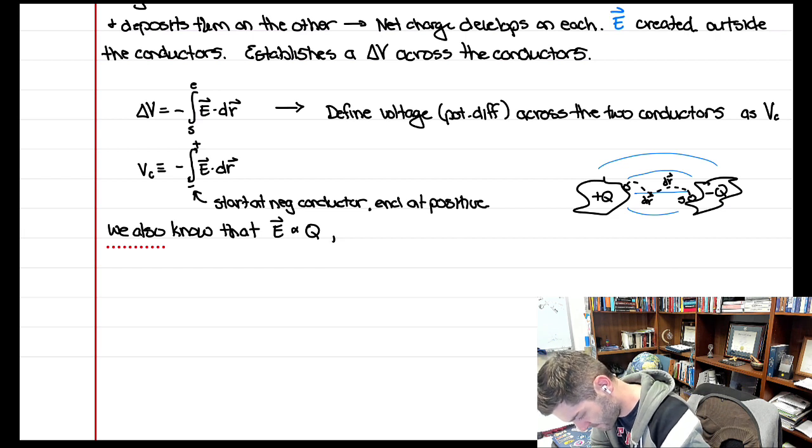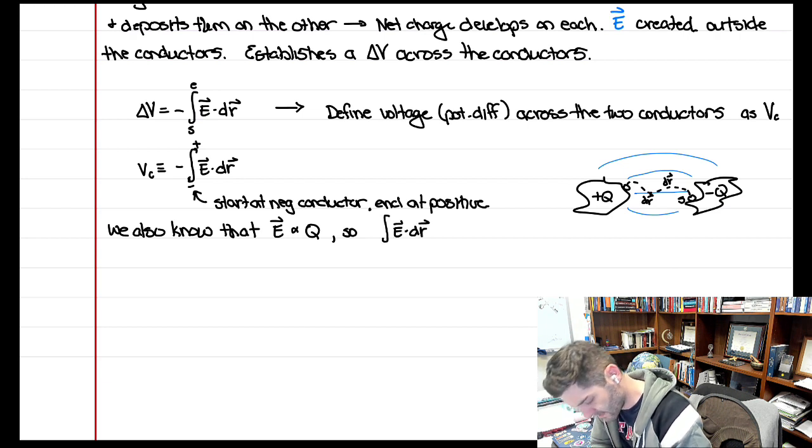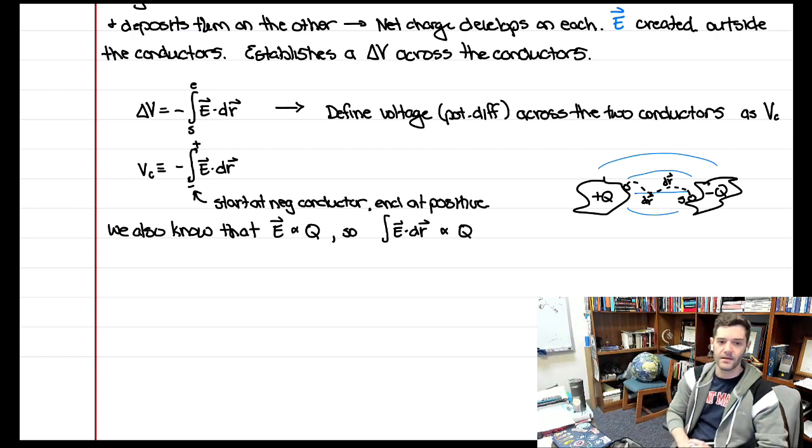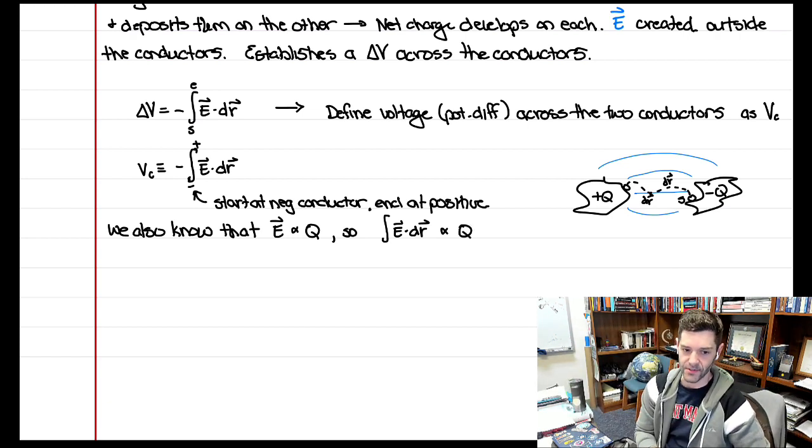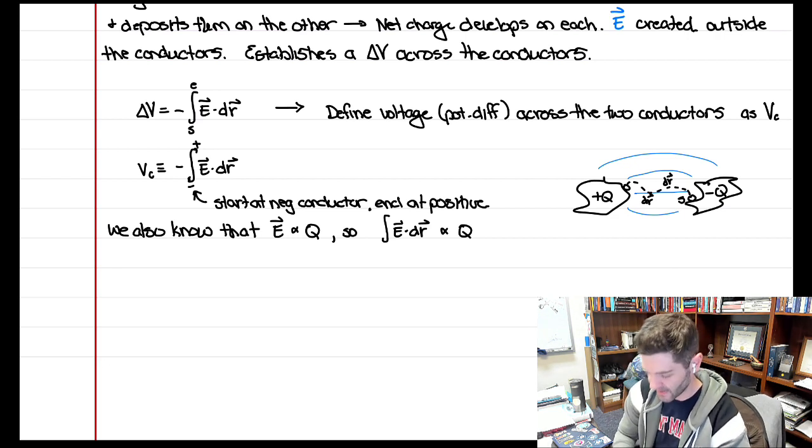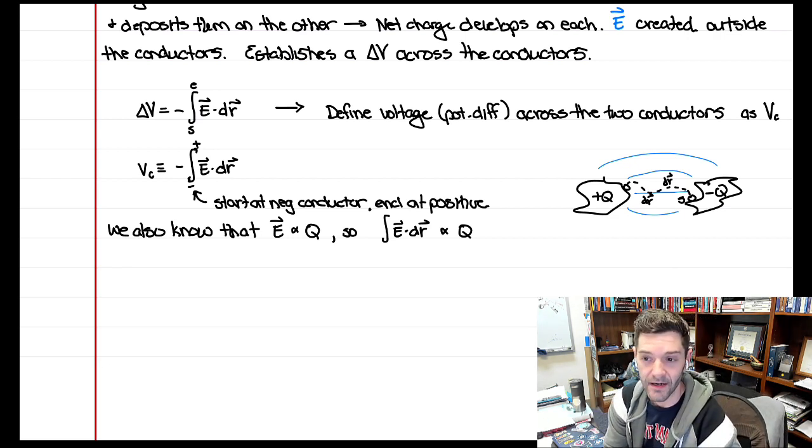Therefore, it makes sense to say that this integral should be proportional to the excess charge. Whatever that integral evaluates to, it should be proportional to the excess charge that's been established on the two conductors.